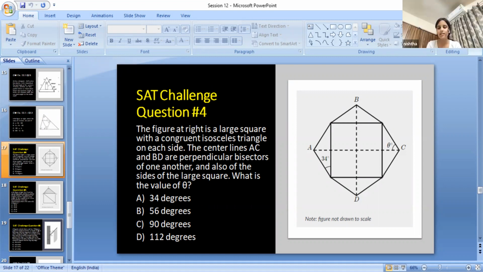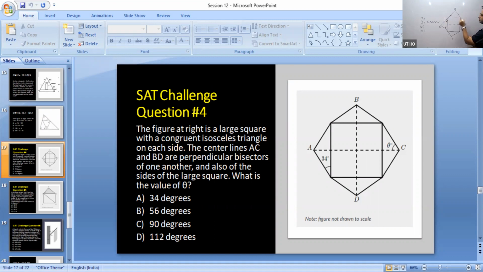Sir, can you explain this? Yeah. You're right. So actually these are isosceles triangles, and this is our square. The same side, that means all are equal. So if this is 34, this will also be 34 because the angles opposite to the equal sides are equal in an isosceles triangle.